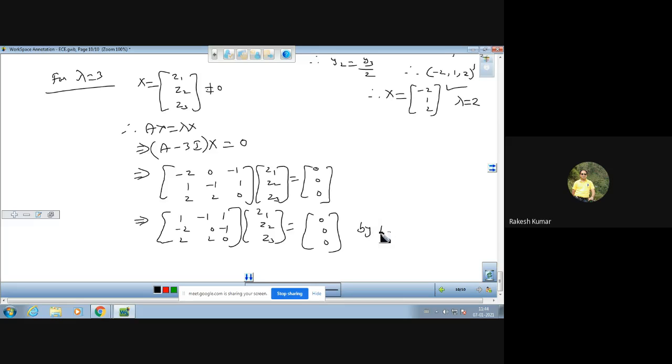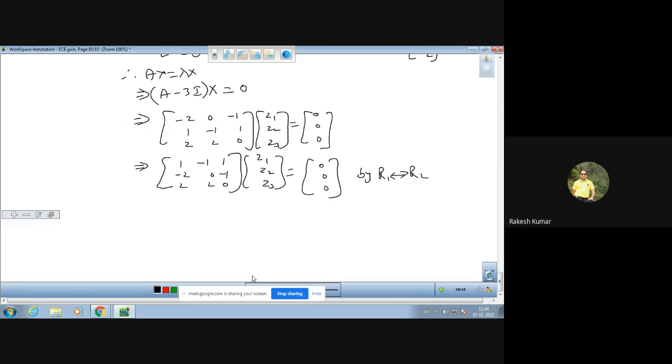This is by interchanging R1 with R2. The double arrow means interchanging. The next operation which we can operate is R2 as R2 plus 2R1 and R3 as R3 minus 2R1.